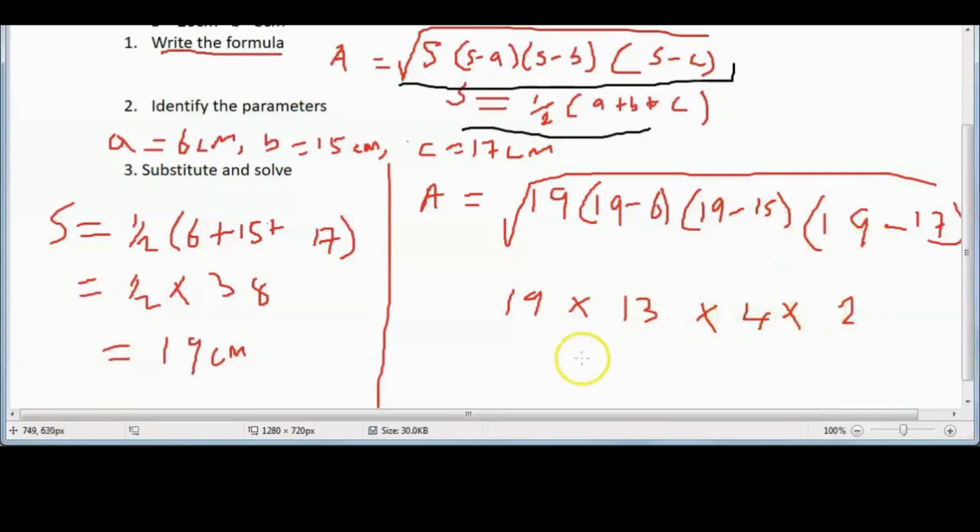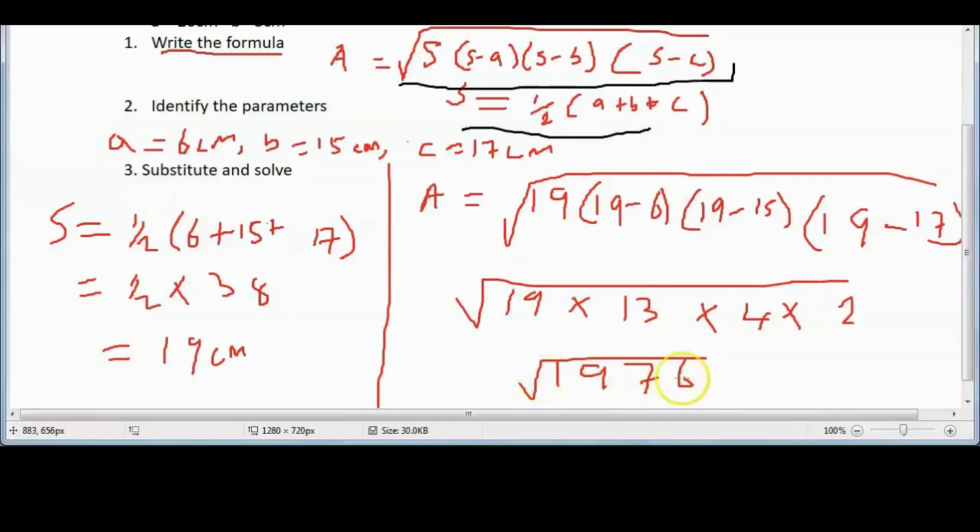Which gives 1976. Approximately, this will translate to 44.45 centimeter square.